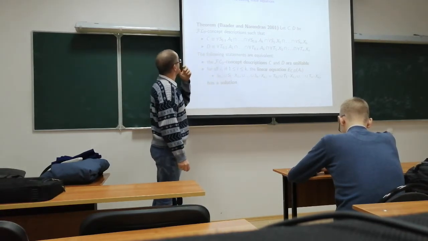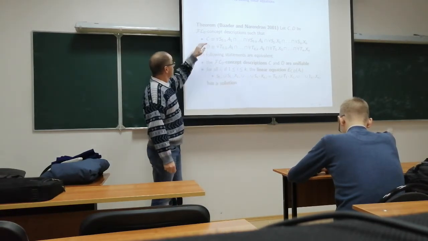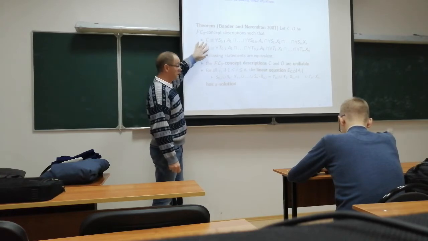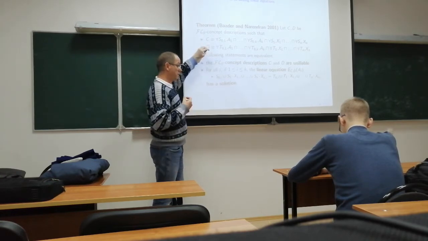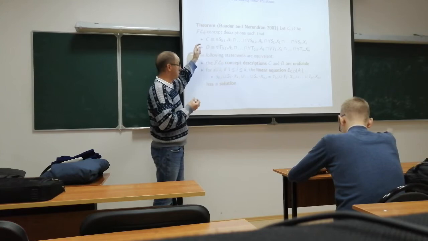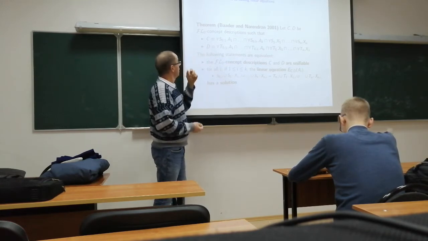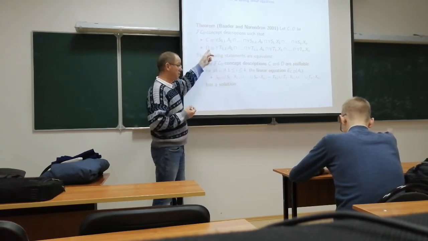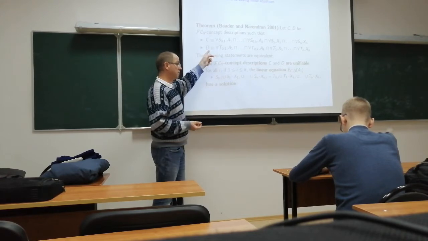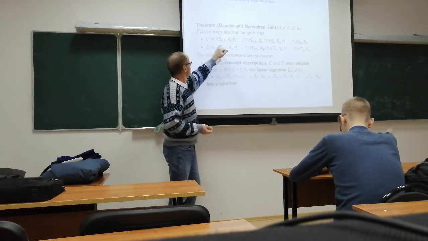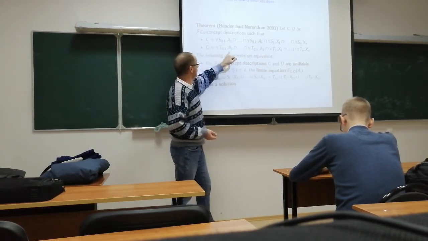So the theorem says the following. Given two concept descriptions C and D, based on the variables x1 to xn and on the parameters a1 to ak, and suppose that C and D are already written in their conjunctive normal form. So here we have finite sets of words.